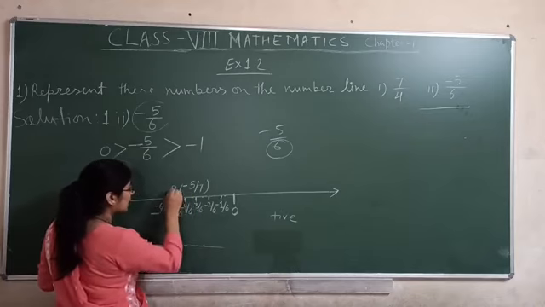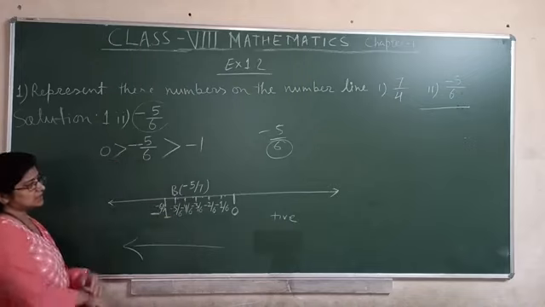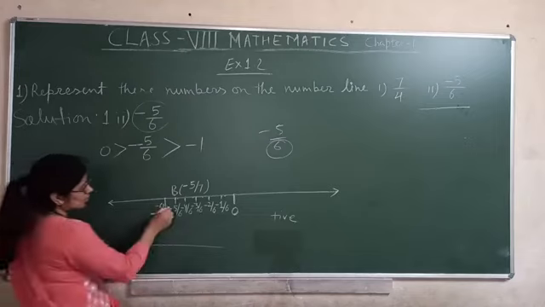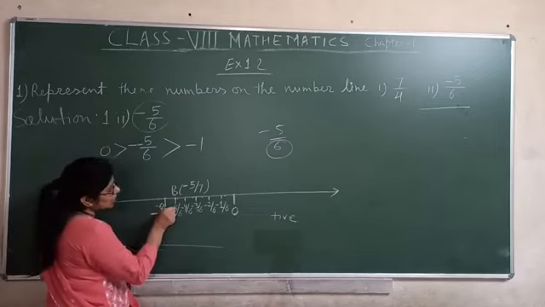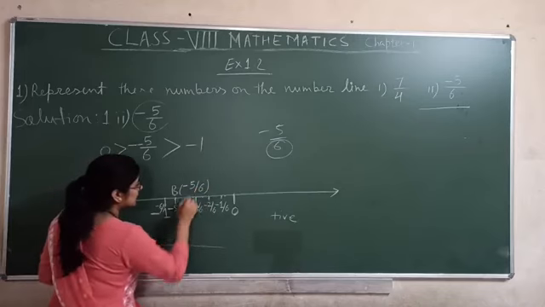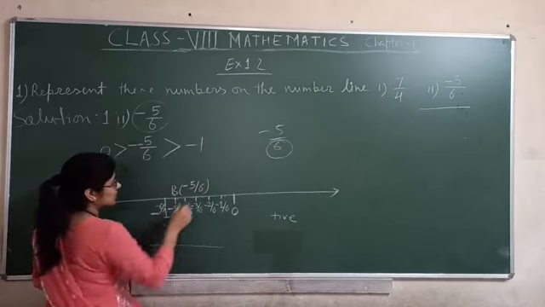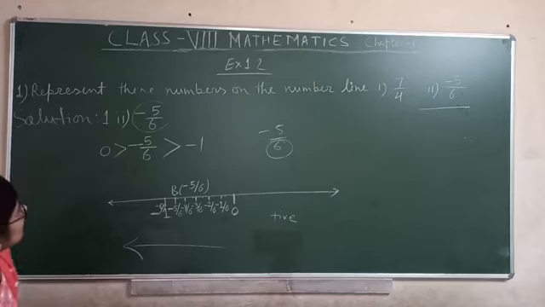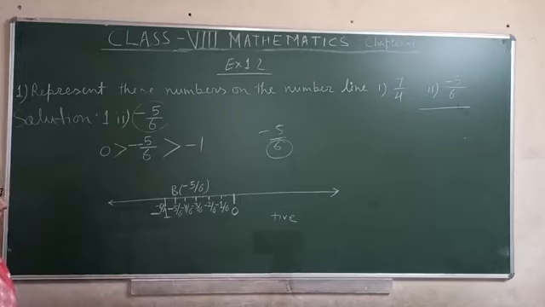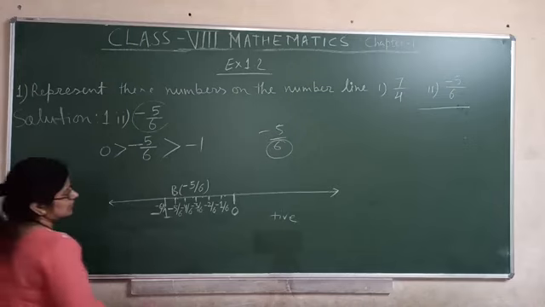You have to mark the point and just above this point write B. The name of this point is B. So point B represents minus 5 by 6. Okay, so like that we will draw a negative rational number.